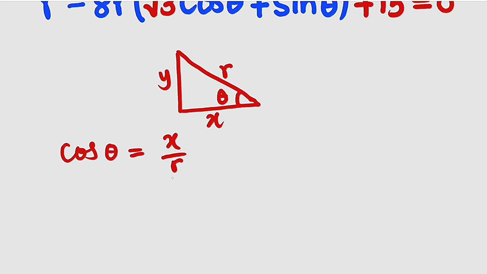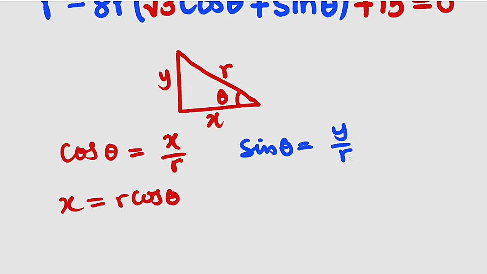We can make x the subject by multiplying both sides by r. Therefore x is equal to r cosine theta. And we can also find sine theta, which is equal to opposite divided by the hypotenuse, which implies that y is equal to r sine theta, right?